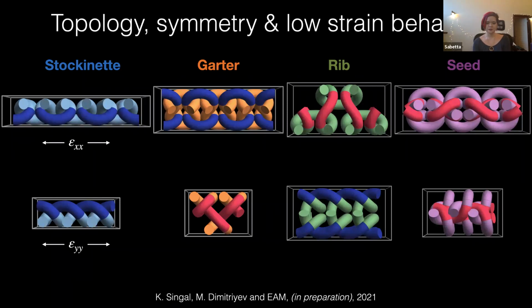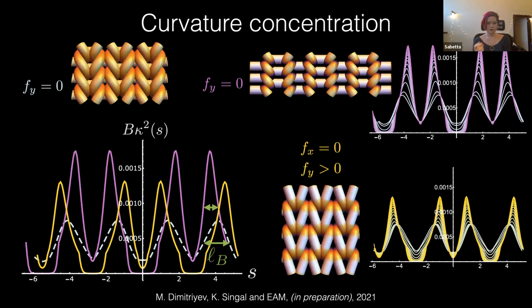I guess the last thing I was going to say is how we get our constitutive model. The first is just to note that as we apply a force to the boundaries, we end up concentrating the curvature into these crossover regions, whereas we have an even distribution of curvature when there's no force applied.